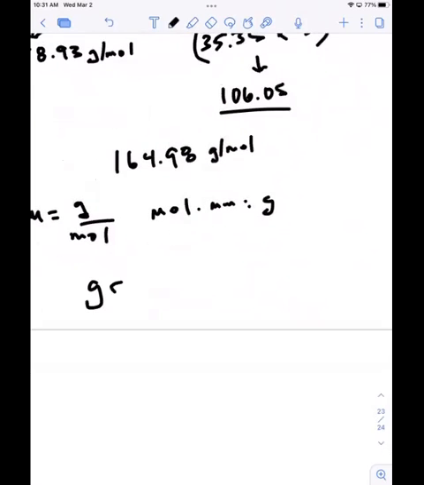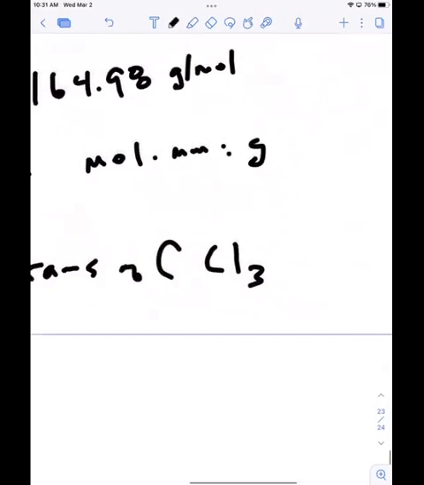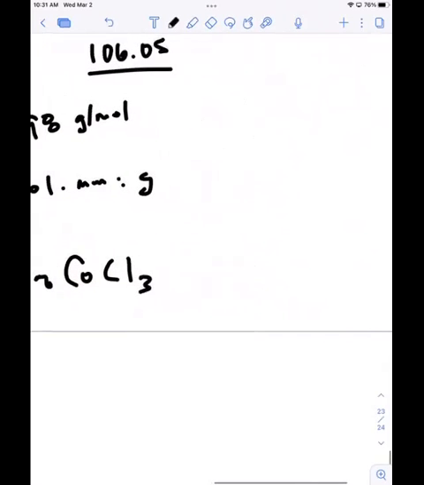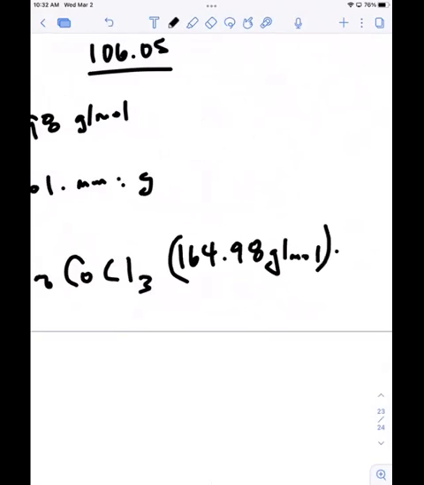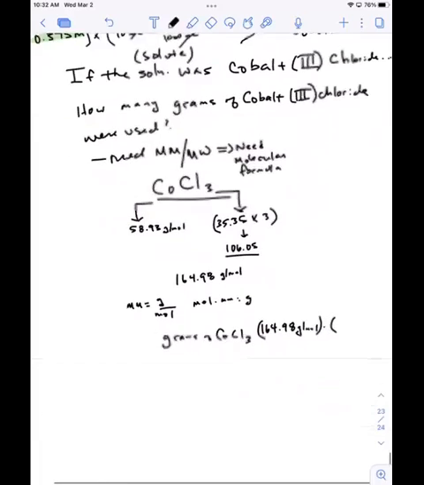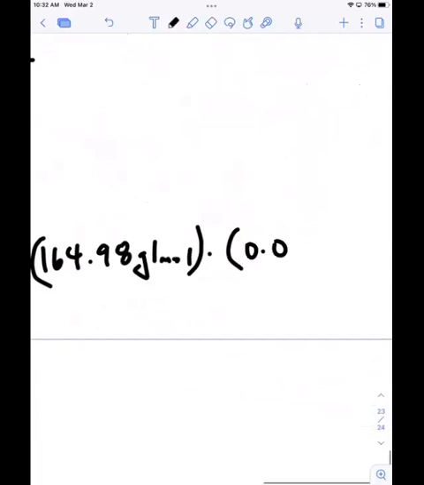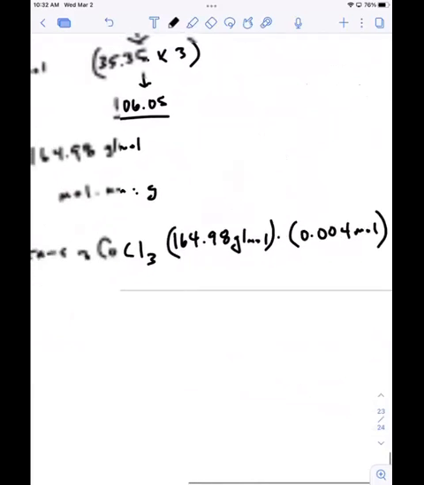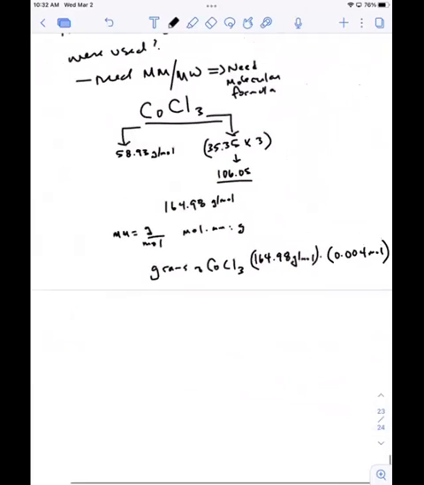So grams of cobalt 3 chloride is going to be 164.98 grams per mole times, how many moles did we get? 0.004. All right, somebody pop that into your calculator and tell me what you get.